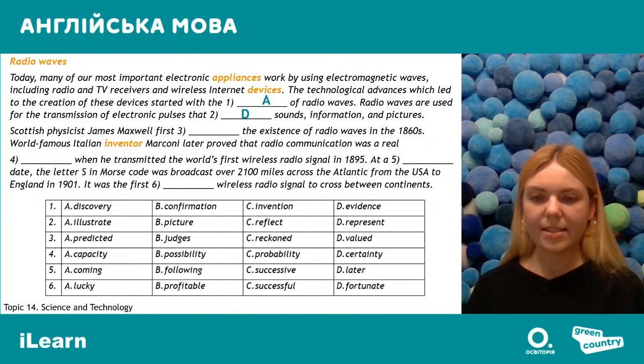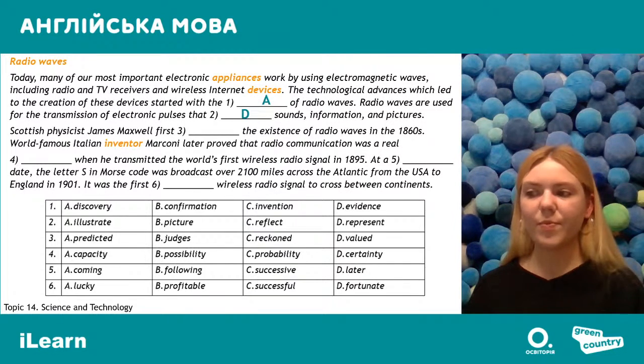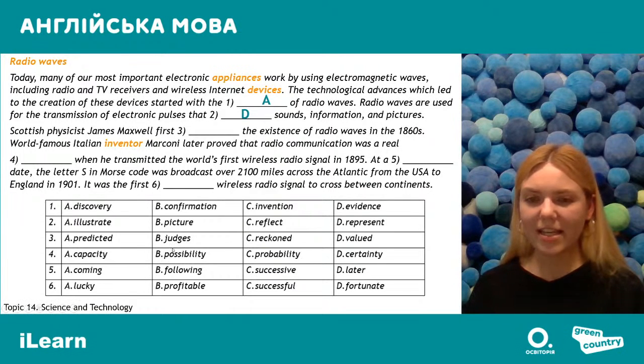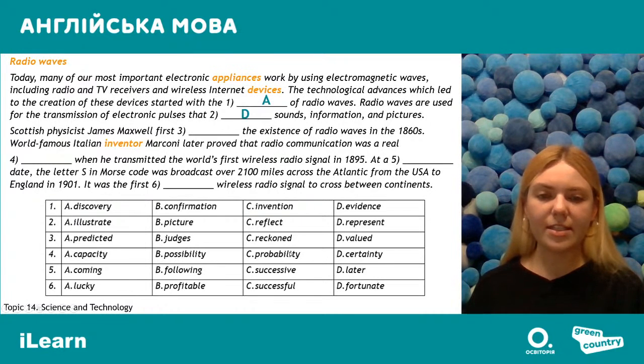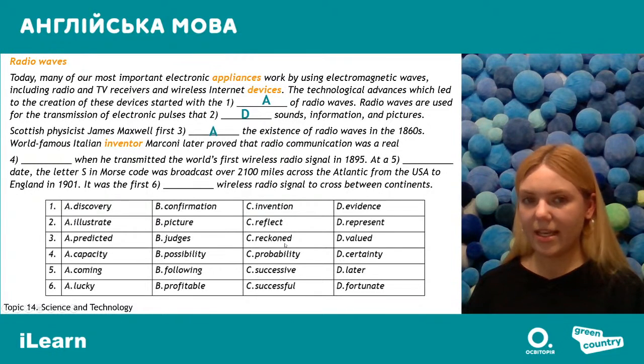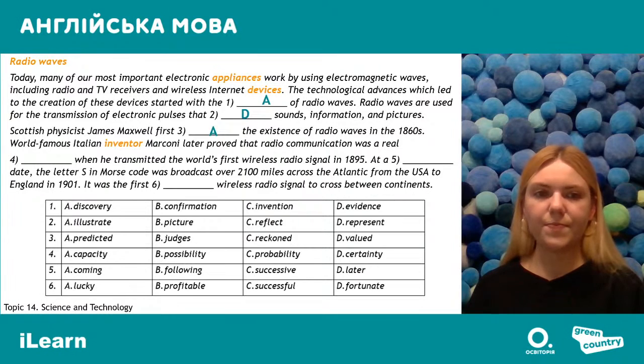So we understand that we can't use judges here because the whole text is in the past tense. So we talk about the past, and judges is present, so it's not suitable. Then predicted, передбачив; reckoned, a synonym to supposed, він думав або вважав; and valued, оцінював. And, of course, that is A. Він передбачив їх існування. Good.